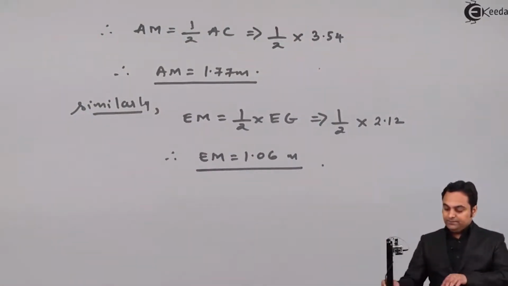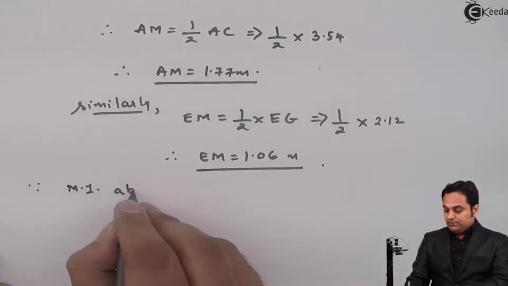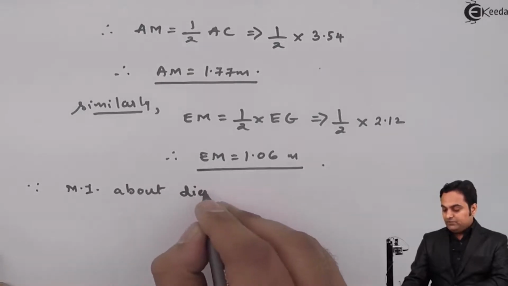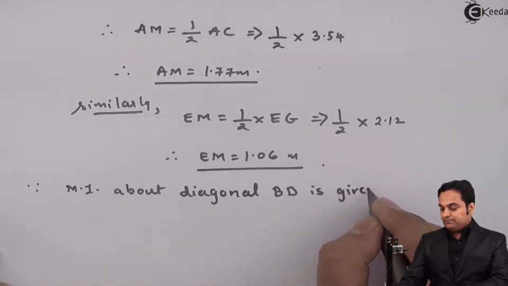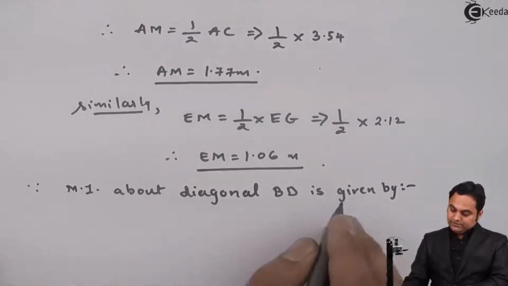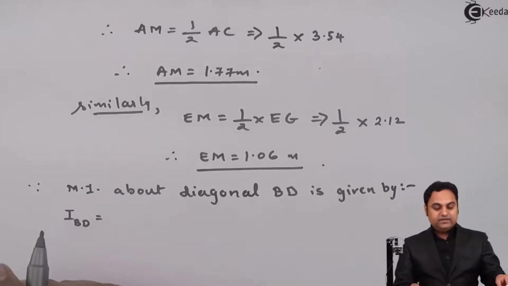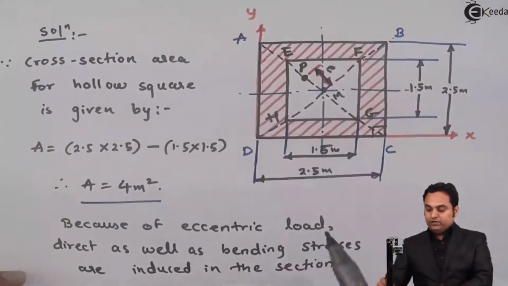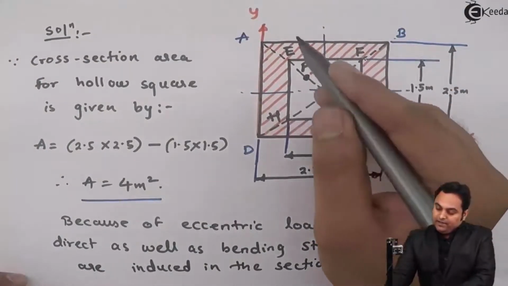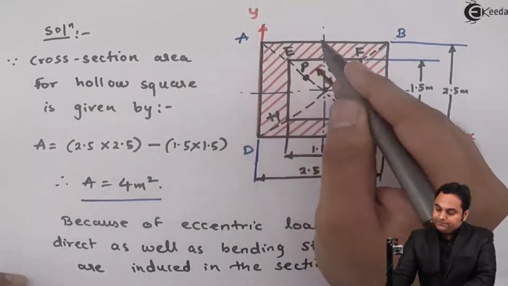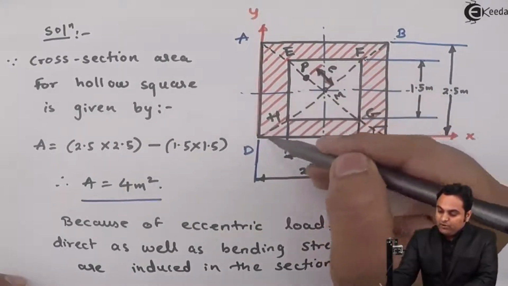So here I'll say that since MI about diagonal BD, that is moment of inertia about diagonal BD, is given by IBD, and here there is an interesting thing: if we want to calculate the MI about BD, it is nothing but the MI of outer triangle, which is ABD, minus MI of inner triangle EFH about its base.